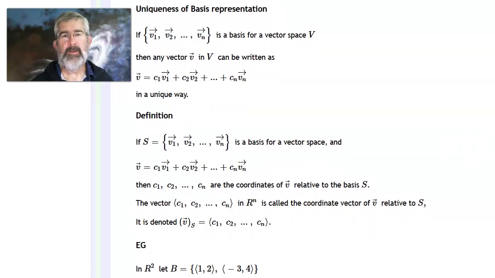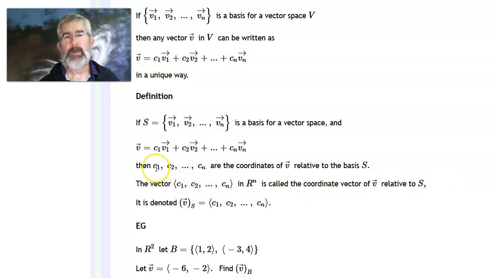The first is, so you've got a basis, and V is this linear combination of those basis elements, then the coefficients are called the coordinates of V relative to the basis S. And we create a vector in Rn with the coefficients written as the components of the vector in Rn. And this is called the coordinate vector of V relative to the basis S.